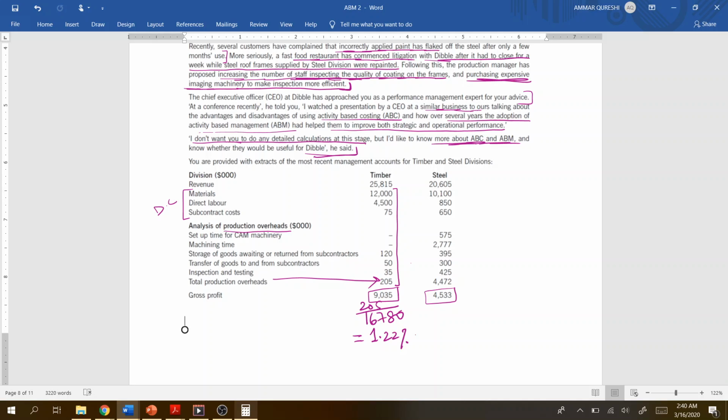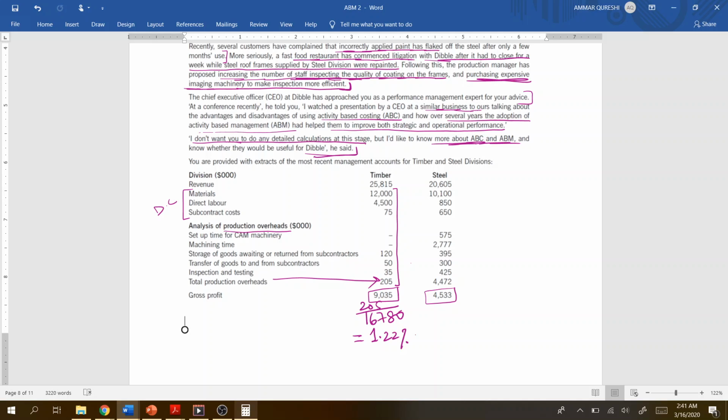So that means if you apply activity based costing in the timber division, you have to bear a lot of cost, because definitely activity based costing means there are a lot of costs involved. I mean, implementation cost, motivating employees to apply ABC, and making an information system to capture the data and information, and everything.